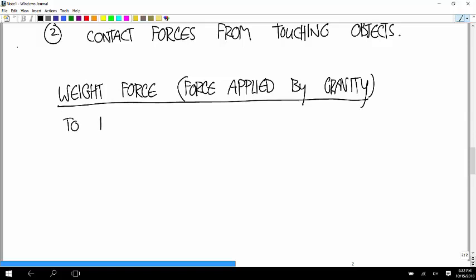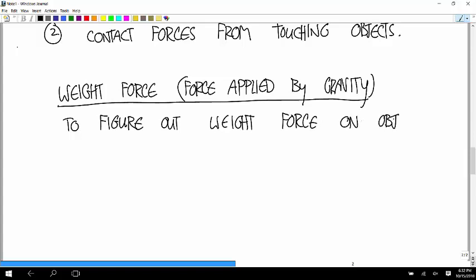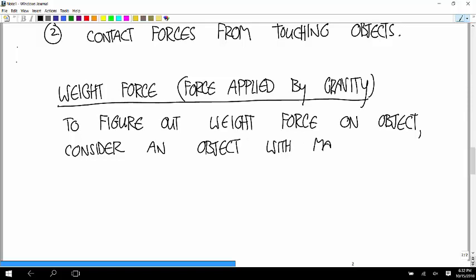So to figure out the weight force on an object, let's consider an object with a mass of m, lowercase m, in free fall.